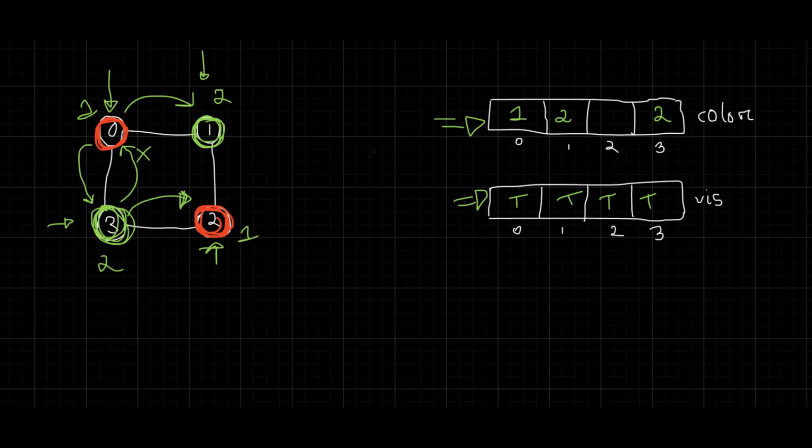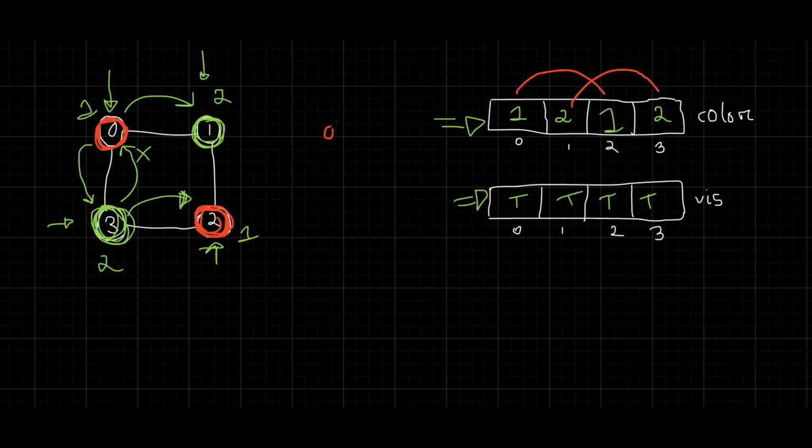We have seen that the color of 0 and 2 will be 1 and the color of 1 and 3 will be 2, and there is a connection between every pair of nodes here.